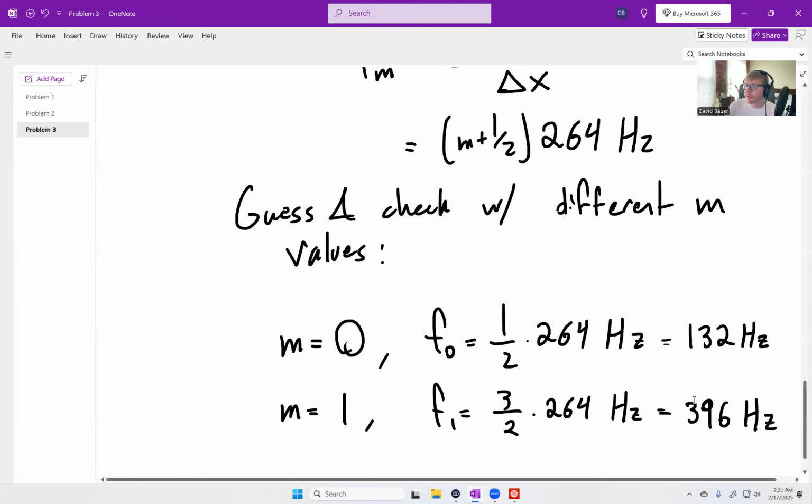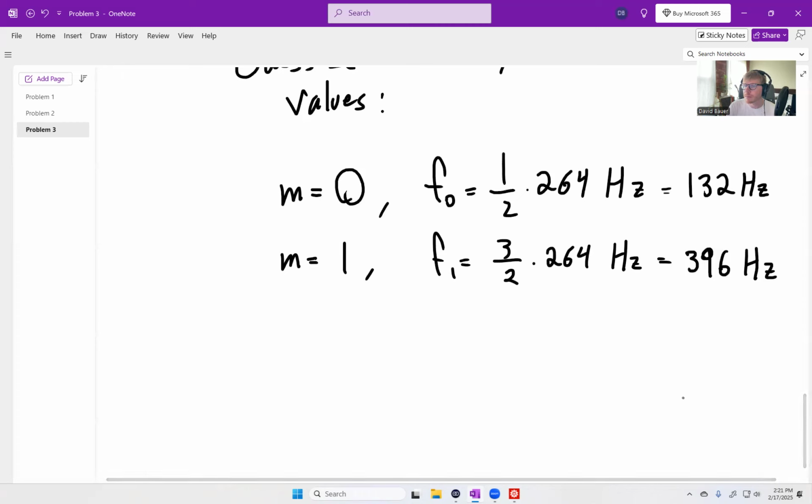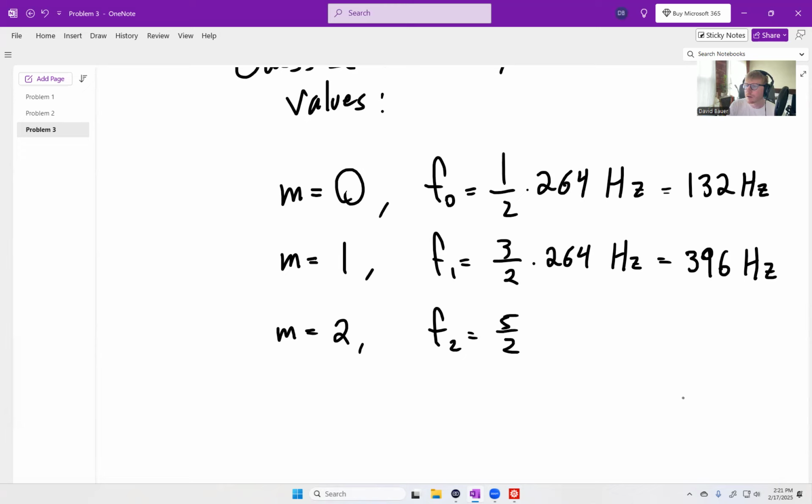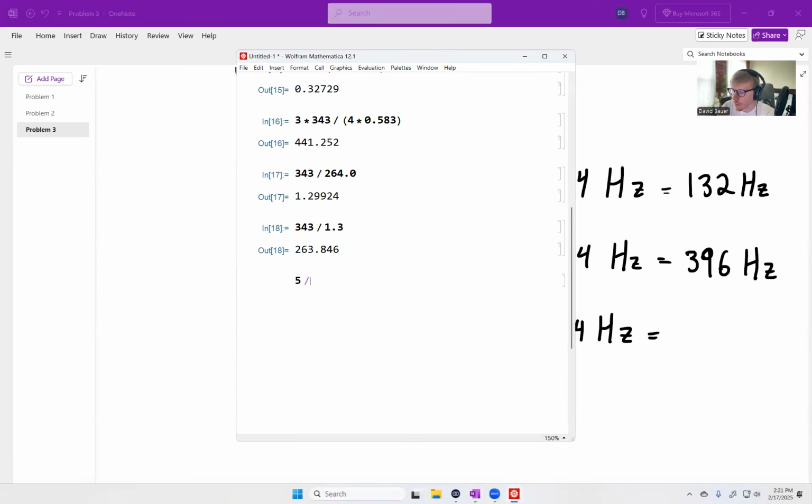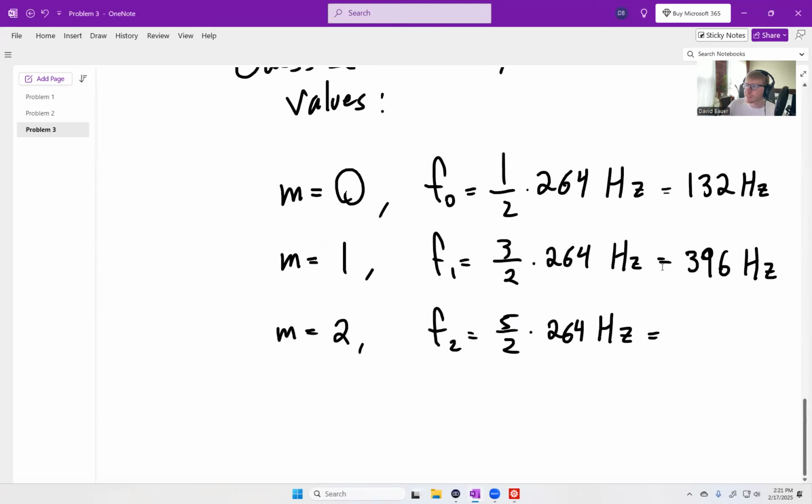Okay, so that is within our range. m equals 2, 5/2, so 660.